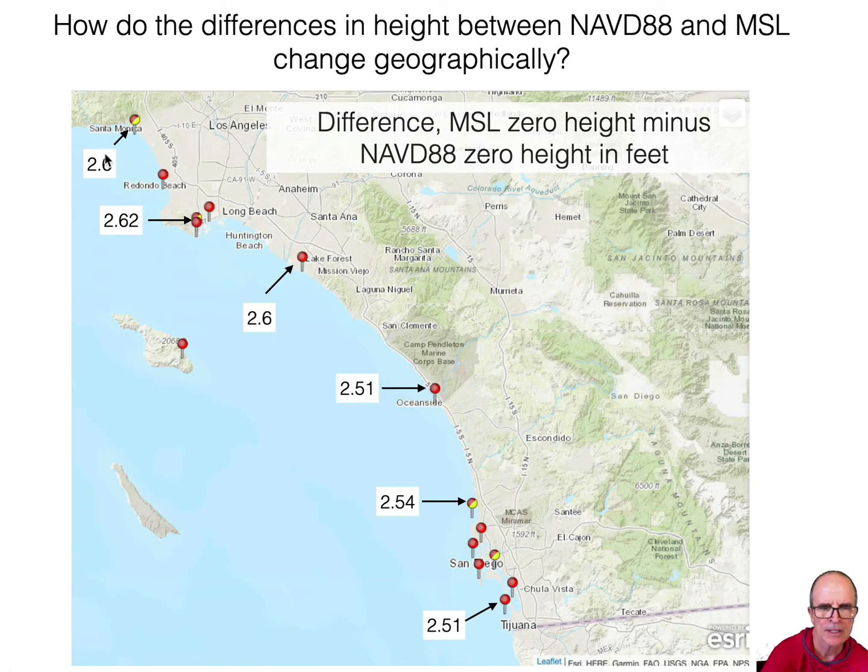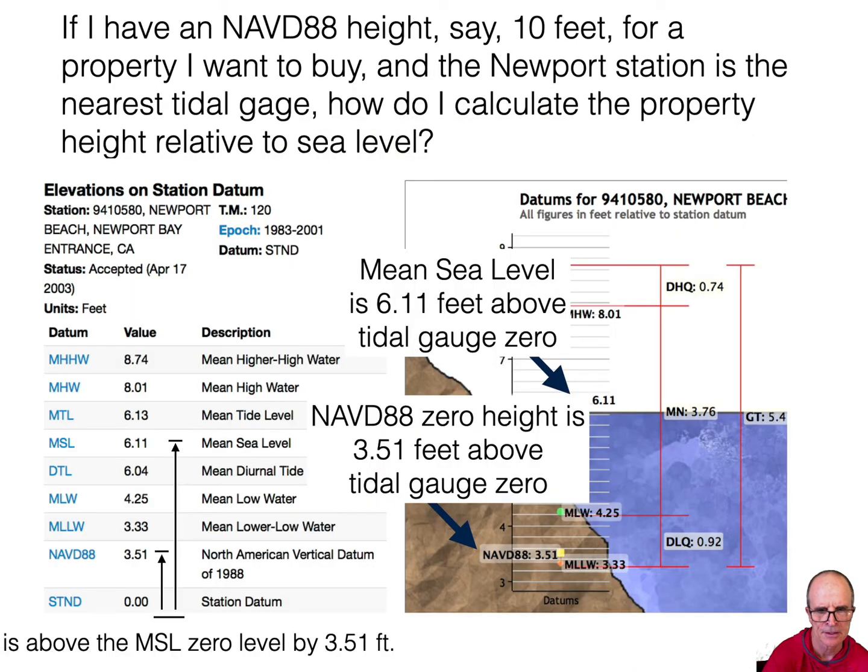Now, the good thing is it varies across gauges along the coast, but it doesn't vary much, and you're never very far from a gauge. So the offset is 2.51 at the point I picked, and it's 2.6 a little further up the coast, and 2.62 and 2.6. So you can use a number to calculate your local offset across a pretty broad region or stretch of coast, and it's the same most everywhere. And so I can do that calculation.